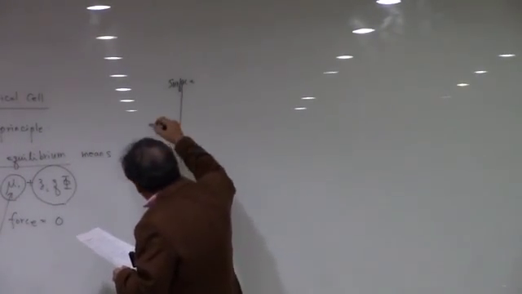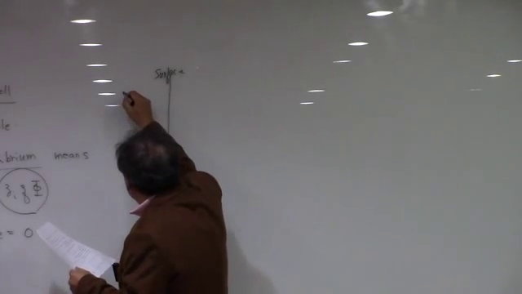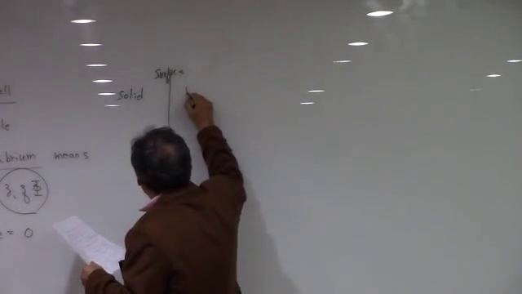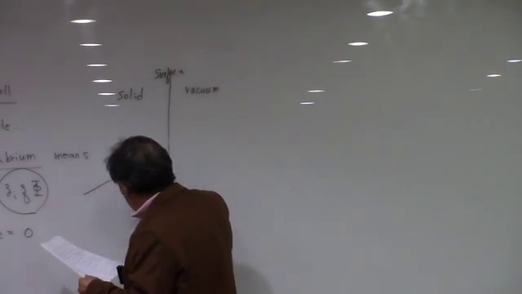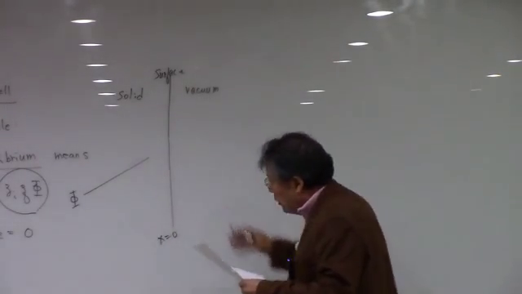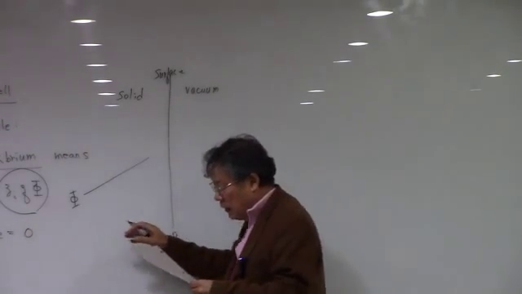Let me go into the potential measurements directly. Now, this is a solid, and this is a vacuum. And say we have the potentials according to the surface. Surface obviously has a different potential to the bulk, okay?